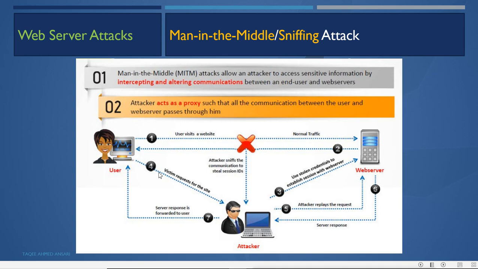So what does the attacker do? The attacker sniffs the communication to steal the session ID, and then when the victim requests the site, it goes to the attacker, and the attacker will use the stolen credential and establish the connection. When the attacker is in the middle, it can do session hijacking also, it can do a replay attack and lots of other things, and also it can do the sniffing attack.